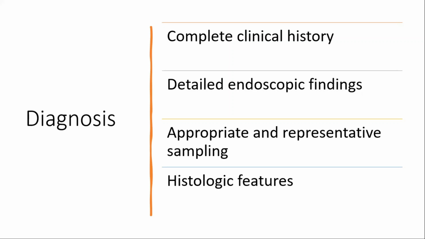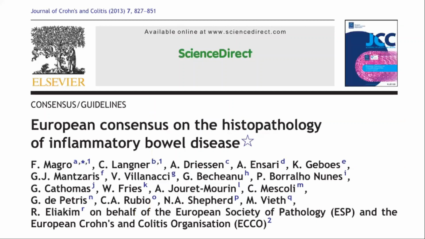After that, we also have to look at the histology. So the diagnosis does not depend on just histology. It has to have a correlation between the clinical, endoscopic, as well as histologic findings.